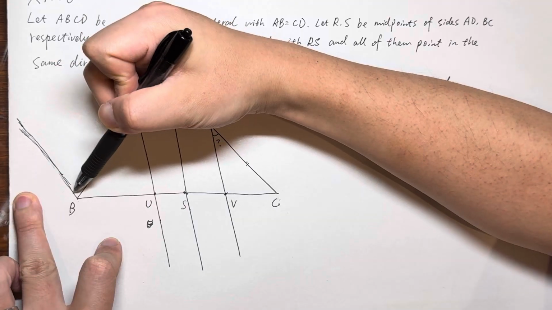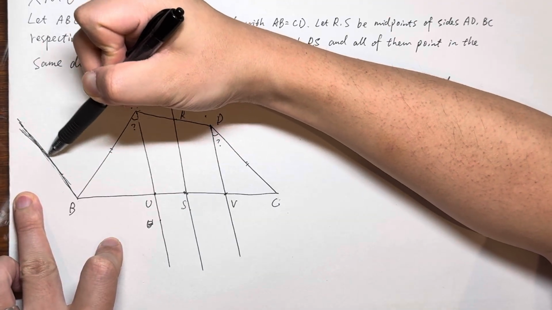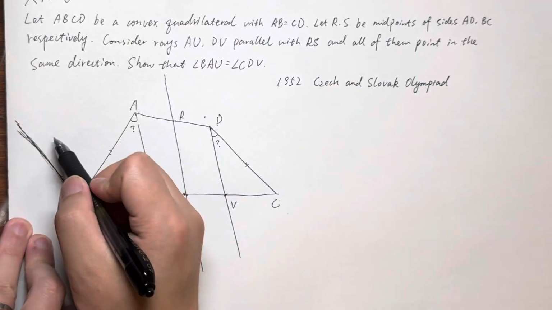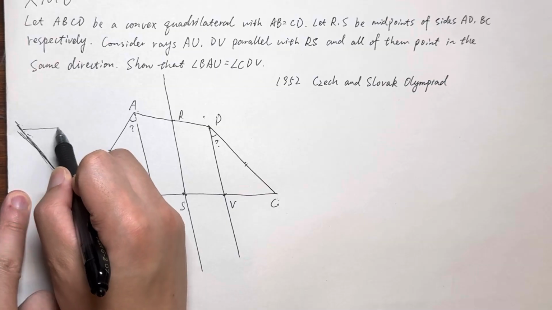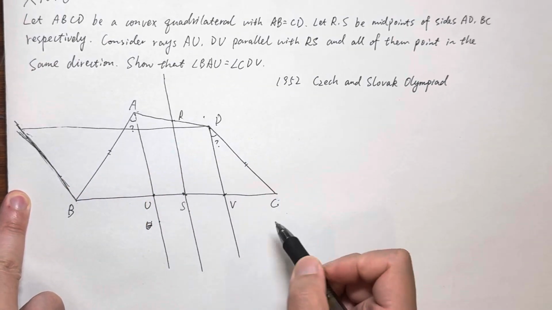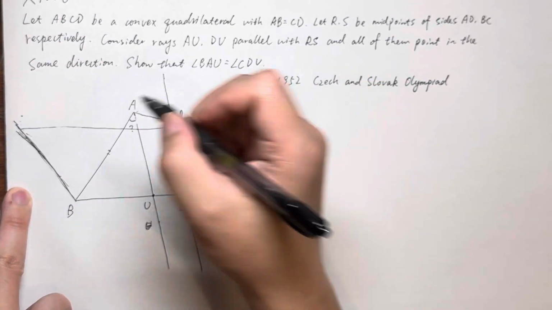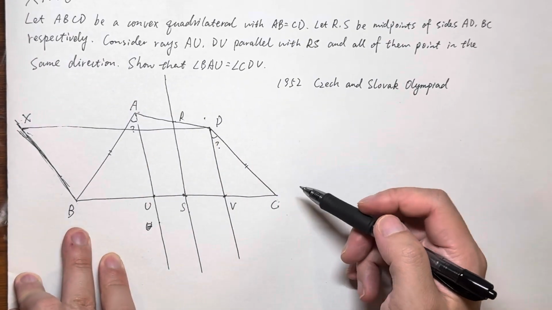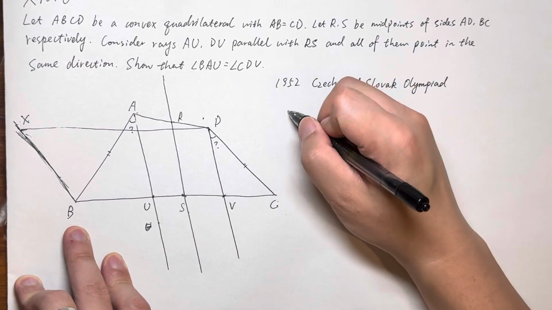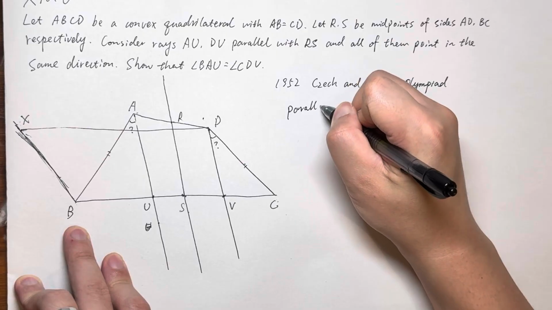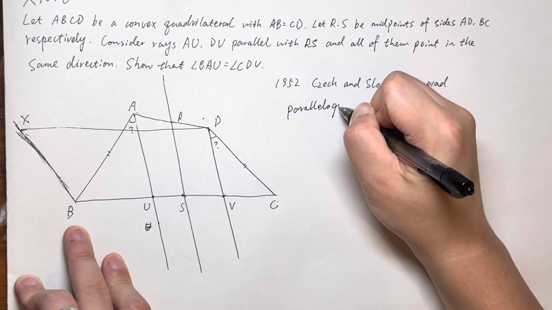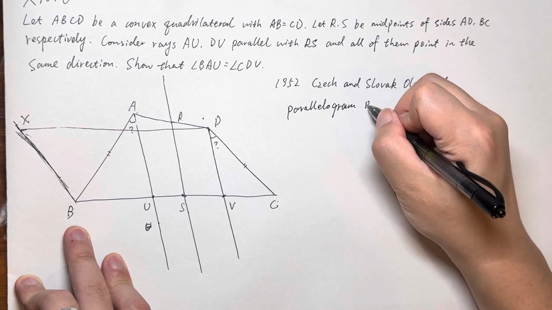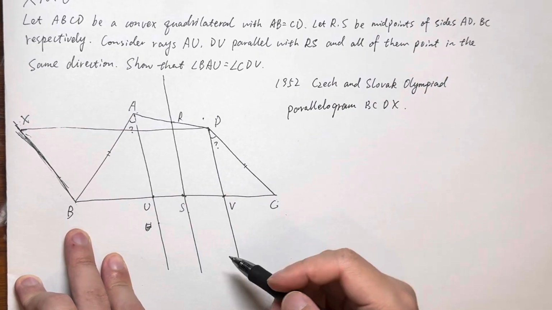Anyway, let's just think of this as a parallelogram, okay? Let's call this point X, okay? So now we find the parallelogram BCDX.